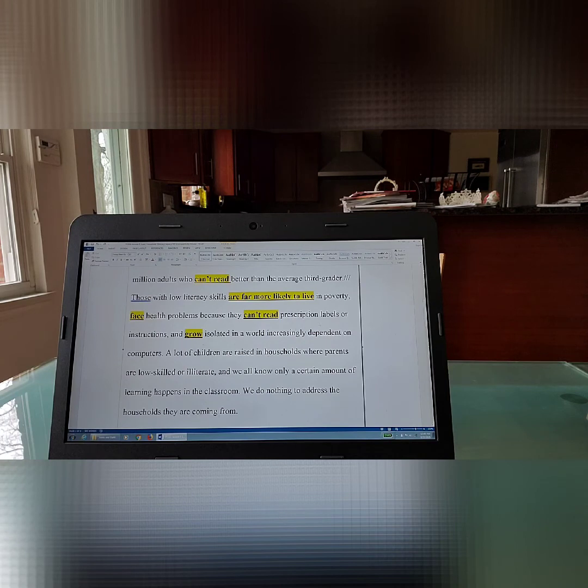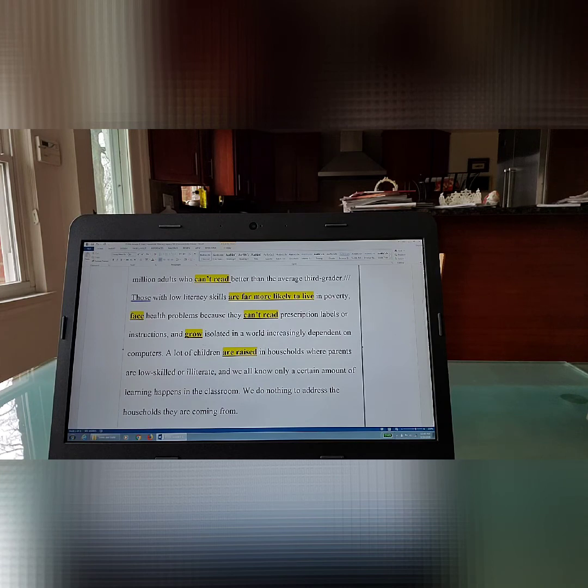And then you have the adverb describing the adjective. Dependent on computers. A lot of children are raised. So are raised is the verb phrase there. So we're going to highlight and underline that.